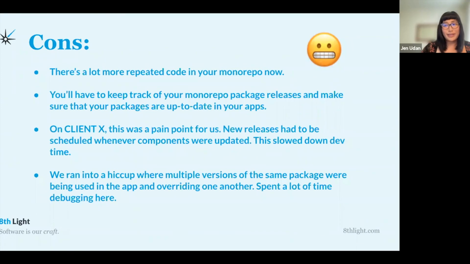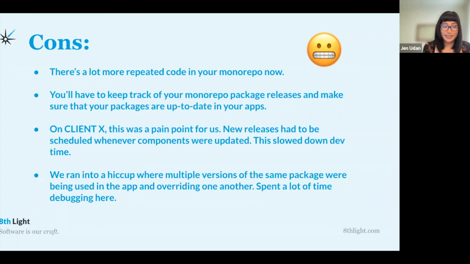When you're exporting components as separate packages, you have to schedule releases for those packages. And this dramatically slowed down our development time. We really didn't build it into the initial scope of the project, but it's a consideration that you need to be aware of if you're going to go this route.